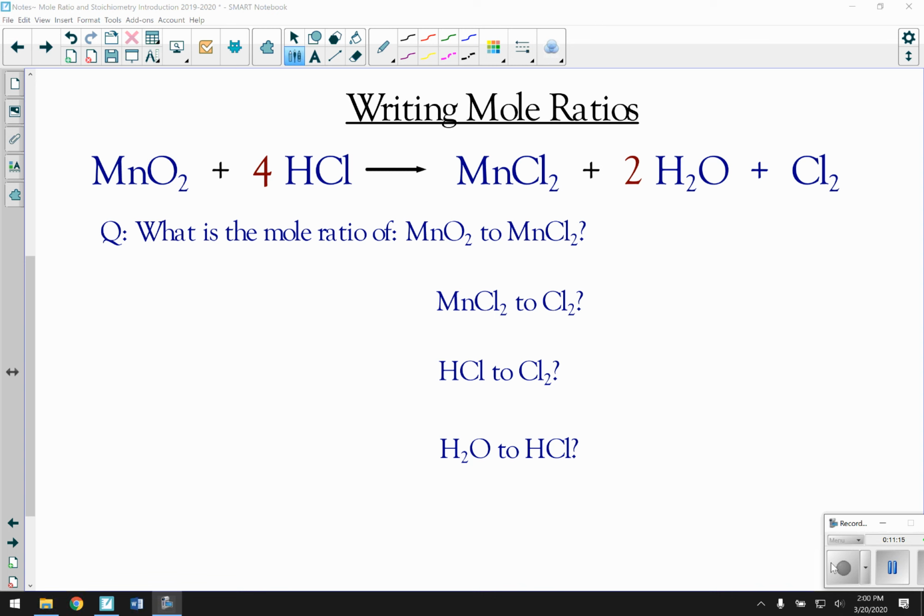For that mole ratio, we're going to look to the coefficients. The coefficient on MnO2 is 1, and the coefficient on MnCl2 is 1. So I would say that my mole ratio is 1 mole of MnO2 to 1 mole of MnCl2.